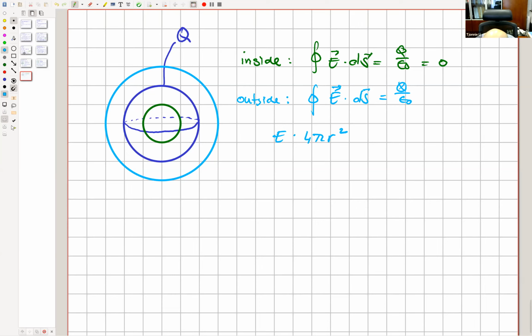And this here equals 4 pi big R squared over epsilon naught times sigma. That's just the outer surface. So indeed, outside, the electric field is simply given by sigma R squared over epsilon naught r squared in the r direction.